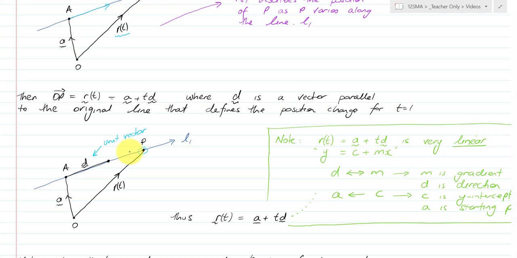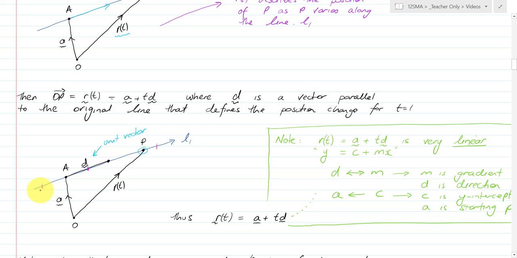But we do know that this forms a triangulation of vectors, and if we want to know RT, which is a position vector on L1, well, it's just A plus D. And of course, because the position is moving along L1, it might not just be A plus D, it might be A plus 2D, which would take us maybe to here. Or it might be A plus half a D, which would take us to here. Or A minus half a D, which takes us down here.